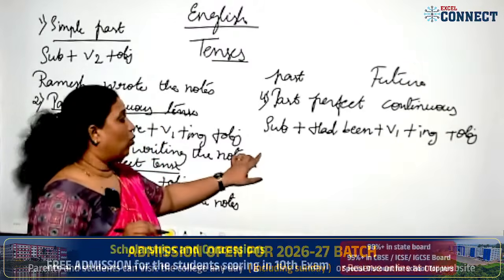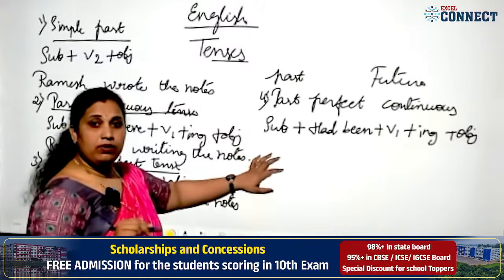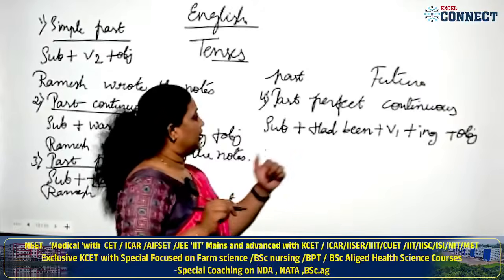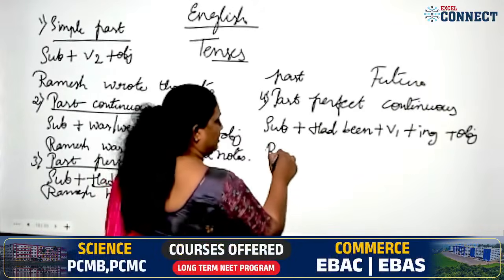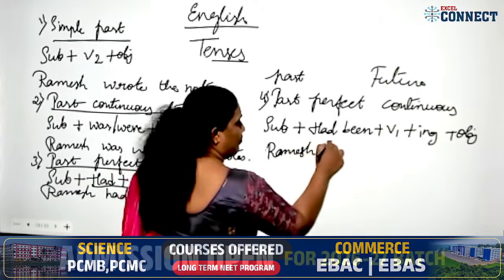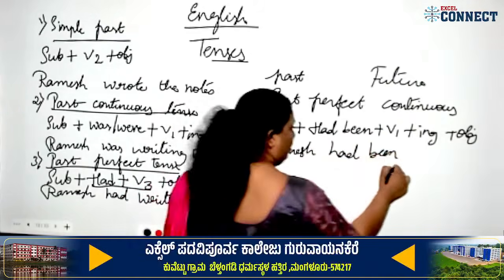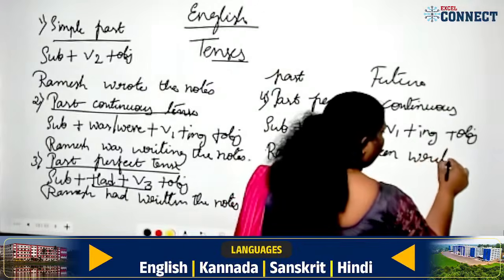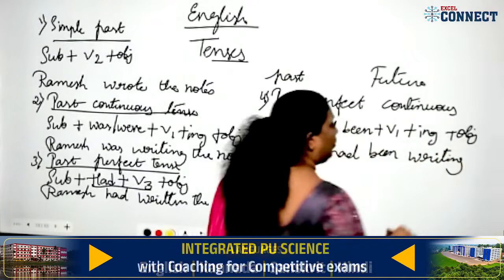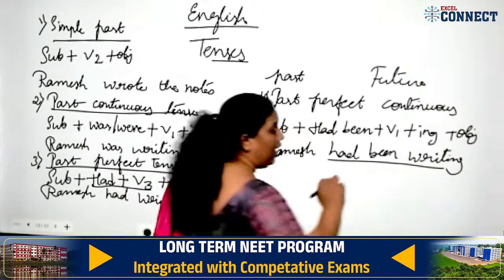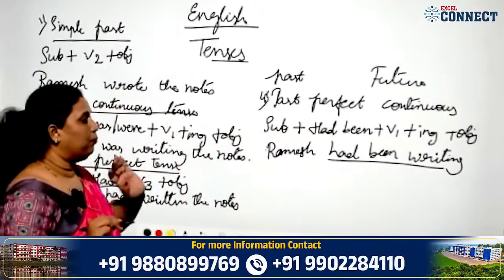I had been watching, very good. Like Kushi said, the same. Now we'll go with the subject Ramesh. Ramesh had been writing the notes. Here again we have to concentrate on the helping verb and the main verb.